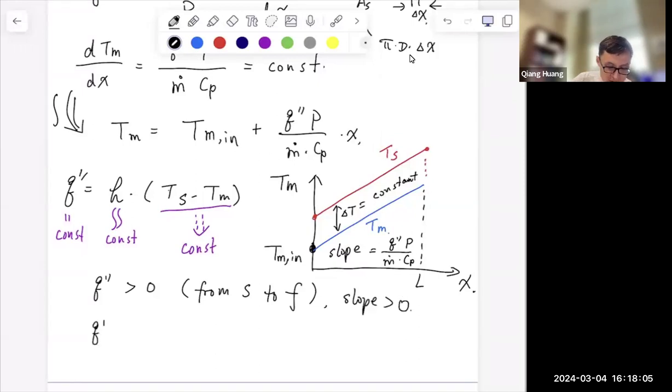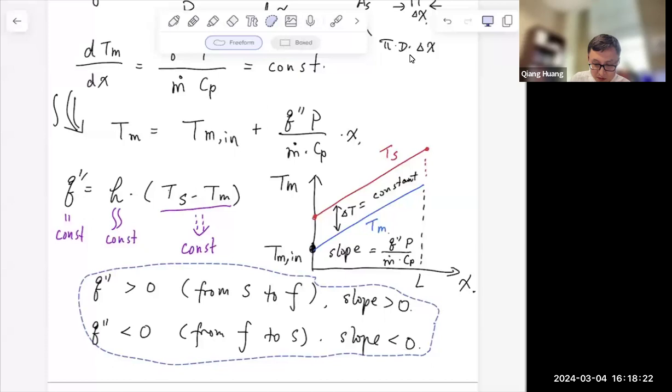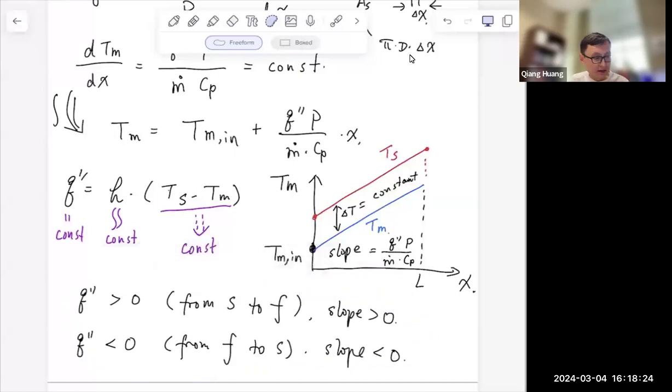If Q is less than 0, from fluid to surface, then the slope will be less than 0, and the mean temperature of the flow will be decreasing. All right, so that will be the second case, and we will use an example problem in the class to show this.